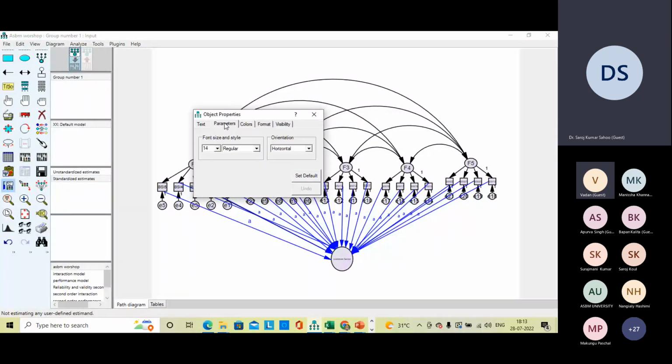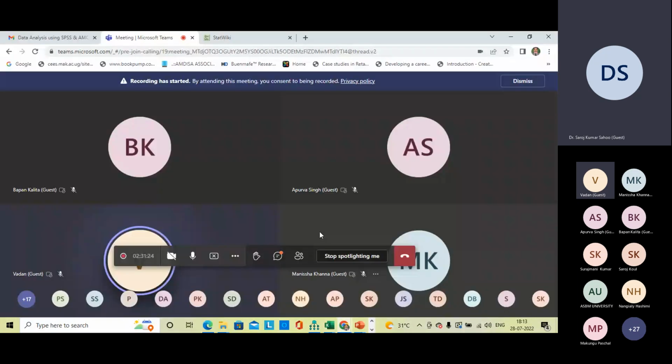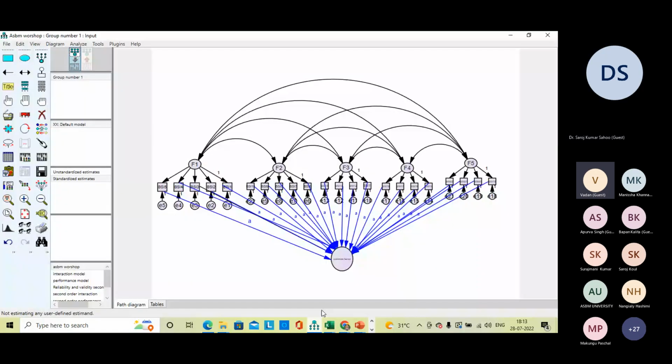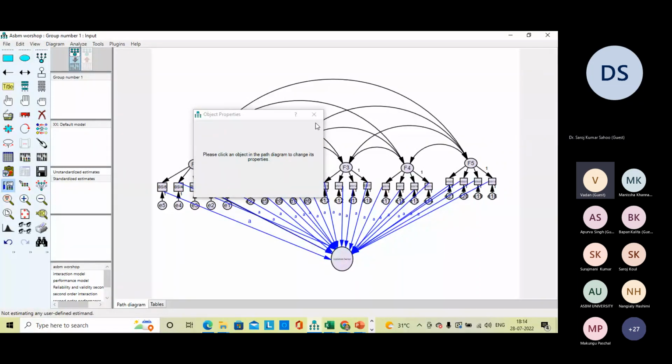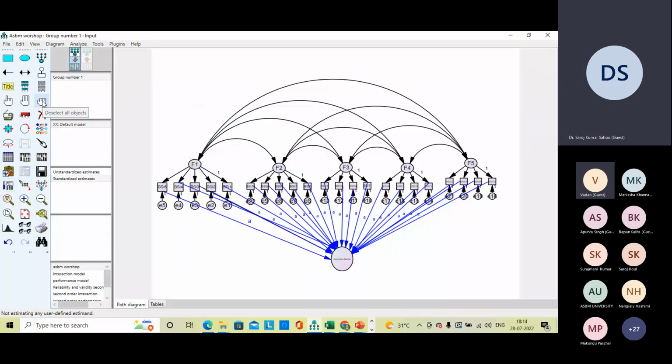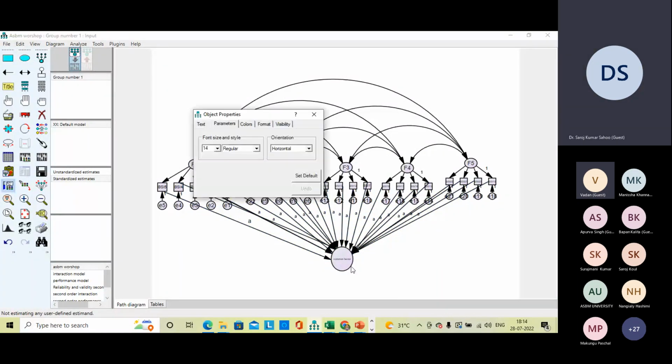Sorry, still it is not showing 1. I do not find why. I need to constrain it to 1. What is happening? Somehow this is not showing. Okay, let me deselect. Let us see. No, still not showing.